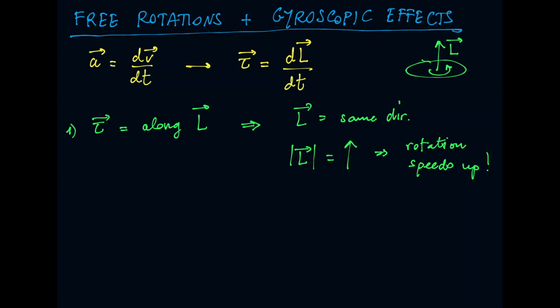In order to apply a torque that is also upwards, in the same direction as the angular momentum, you would need, for instance, to apply, let's draw it in purple, a force that is tangential and in the same direction as the rotation.